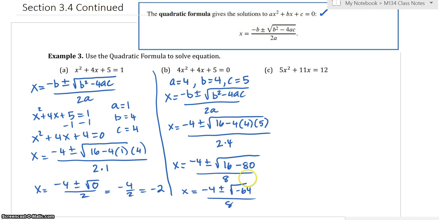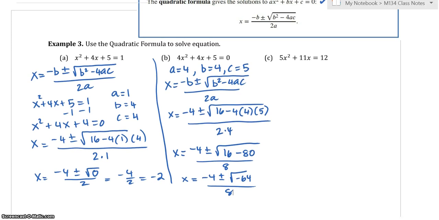And you cannot take the square root of a negative number. We learned that before, that negative inside the square root is going to end up being an imaginary or complex number, they call it. But what times what is negative 64? In the real number system, it doesn't exist. So whenever you have this inside negative, there is no real solution.